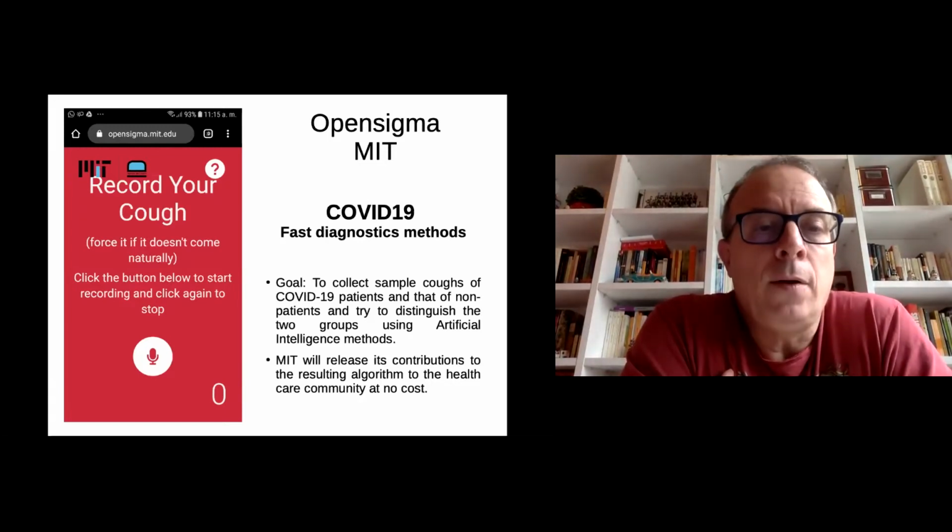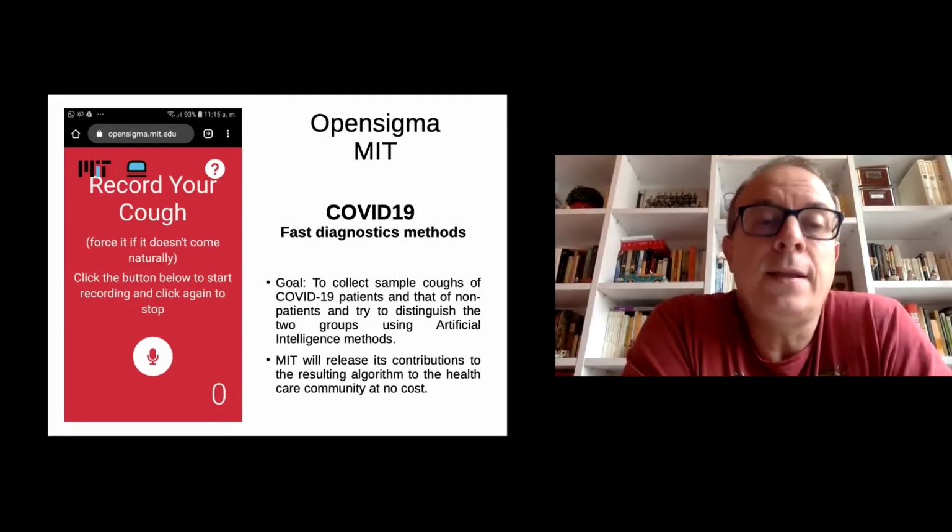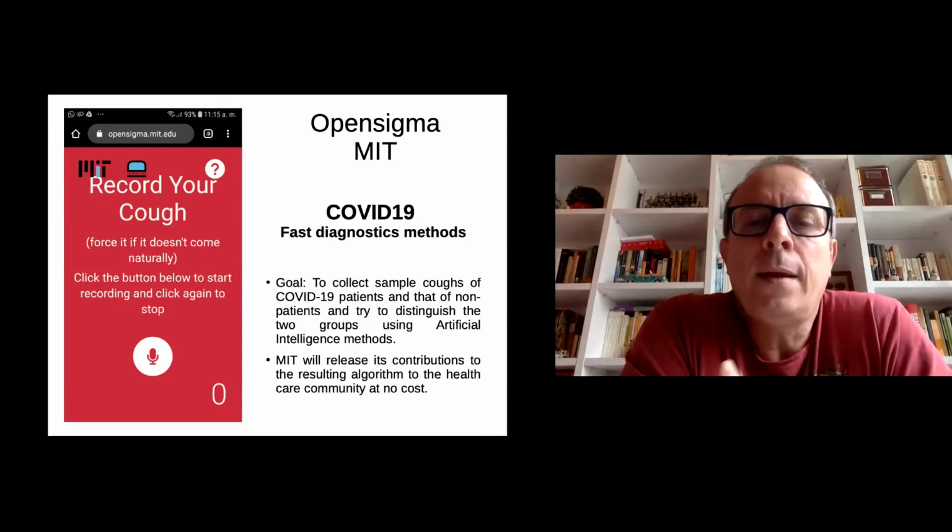From the very beginning, they said that they are able to create a good tool, and the resulting algorithm will be spread to the healthcare community at no cost.